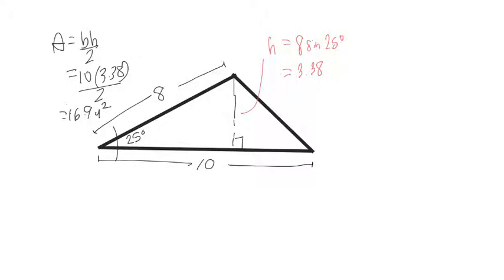So let me show you what I mean by that. We know that area equals base times height divided by 2. But if you look closely at where this height came from, you can see that the height is related to the angle and this side length here.